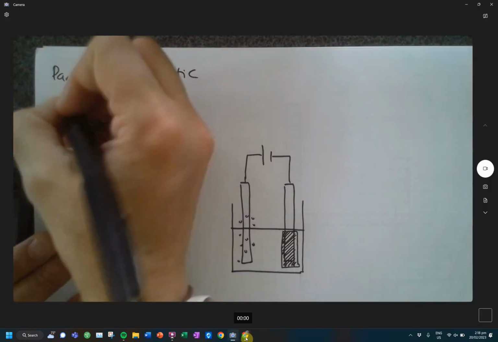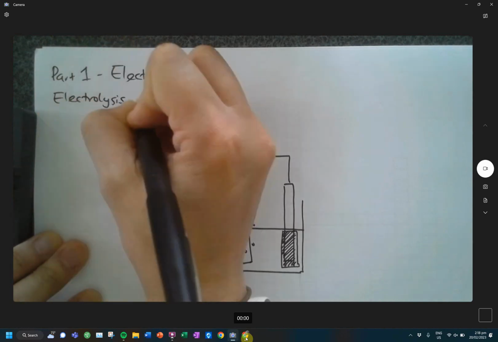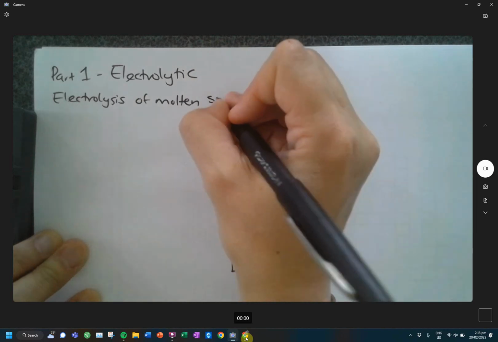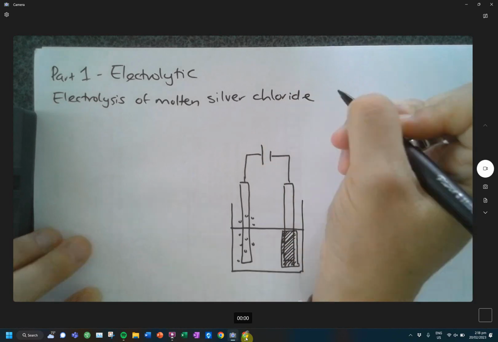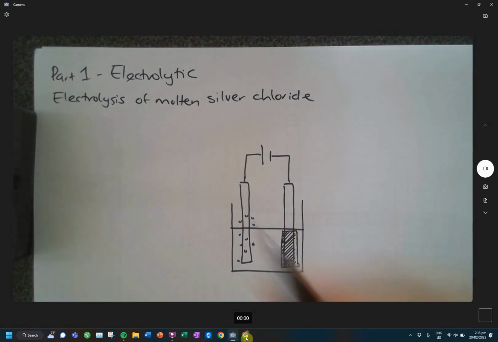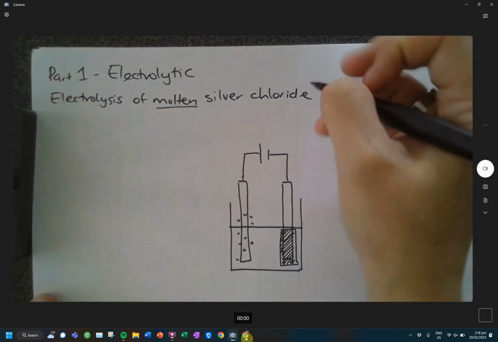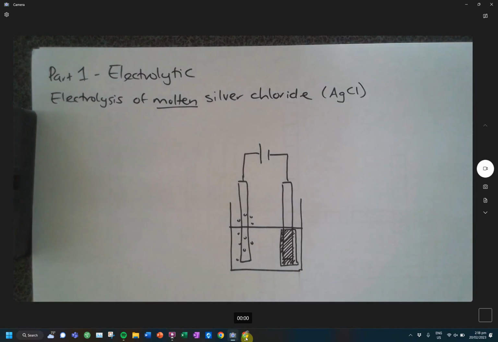So we have the electrolysis of molten silver chloride. So again, molten is your hint to say there's no water there. And in fact, I will also give you the formula as well. I will also give you the observation.